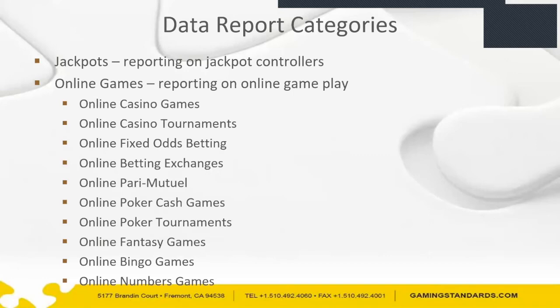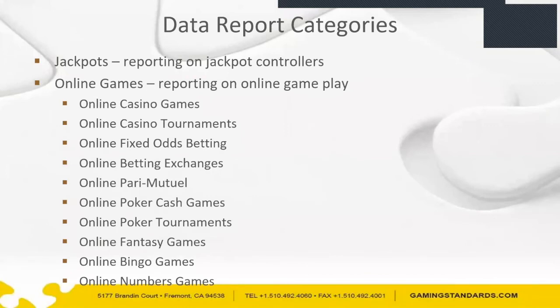And so what we did was we created data reporting categories to give the regulators more flexibility to pick and choose which of these components made sense for them. So the first reporting category is about jackpots.